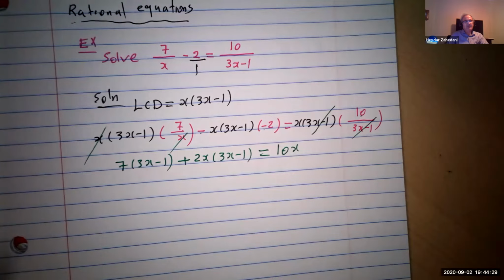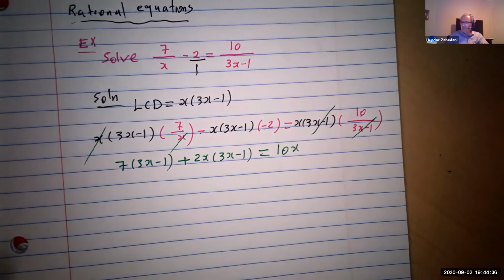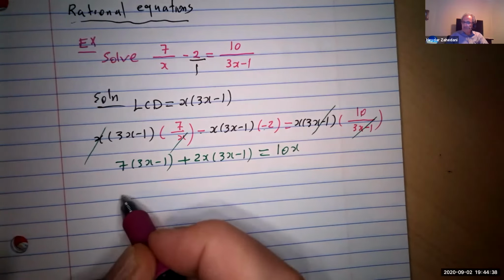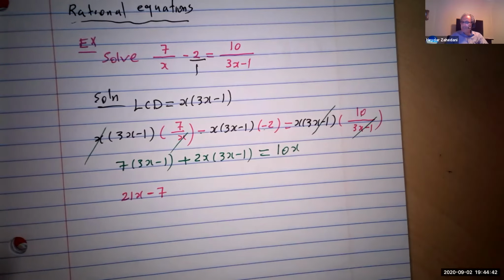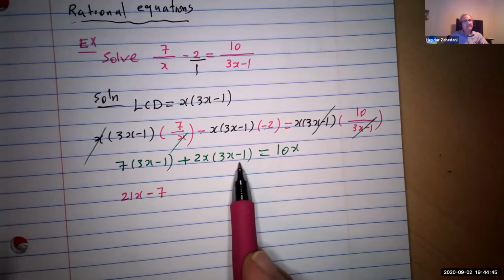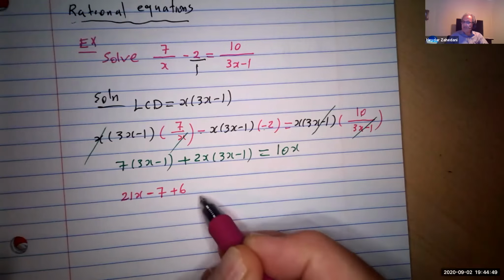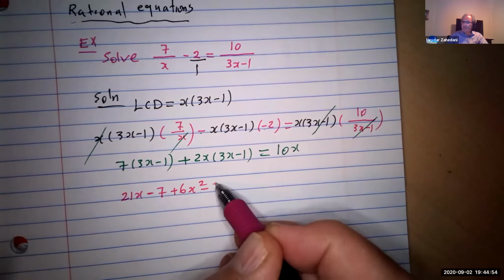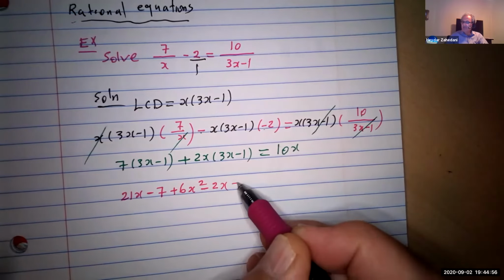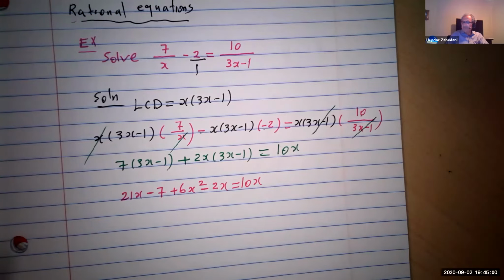Now distribute, you have to remove the parentheses. So 7 times 3 is going to be 21. This is the next step. So that gives you 21x, and you multiply minus 7. Then you multiply this one: 2 times 3 is 6, so it's going to be 6x squared, and this is going to be minus 2x, minus 2x equal to 10x.